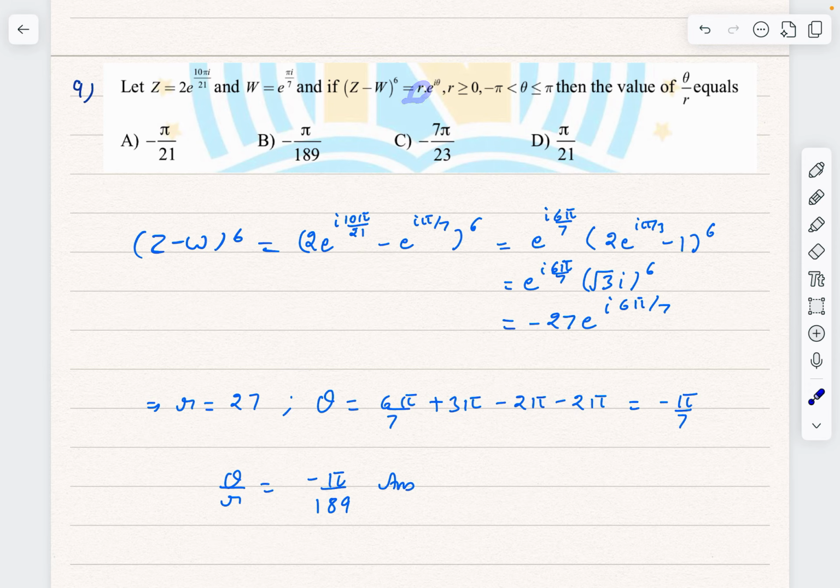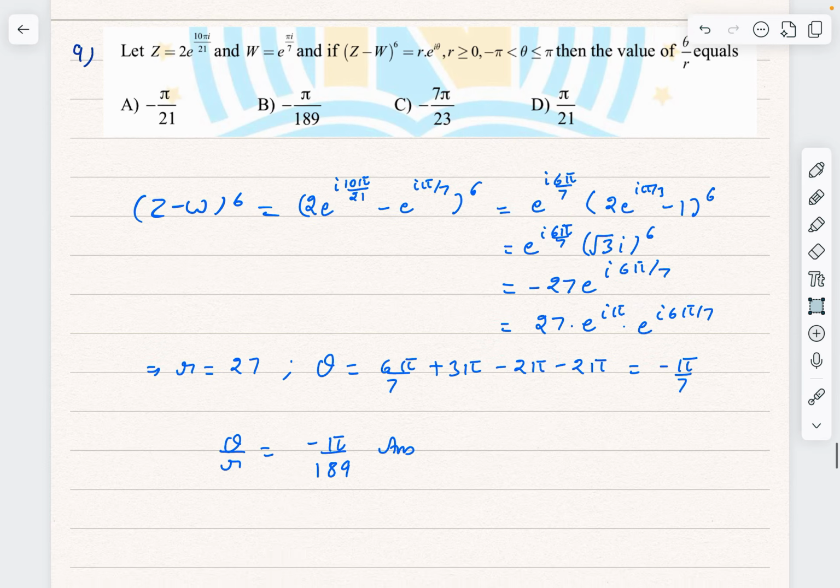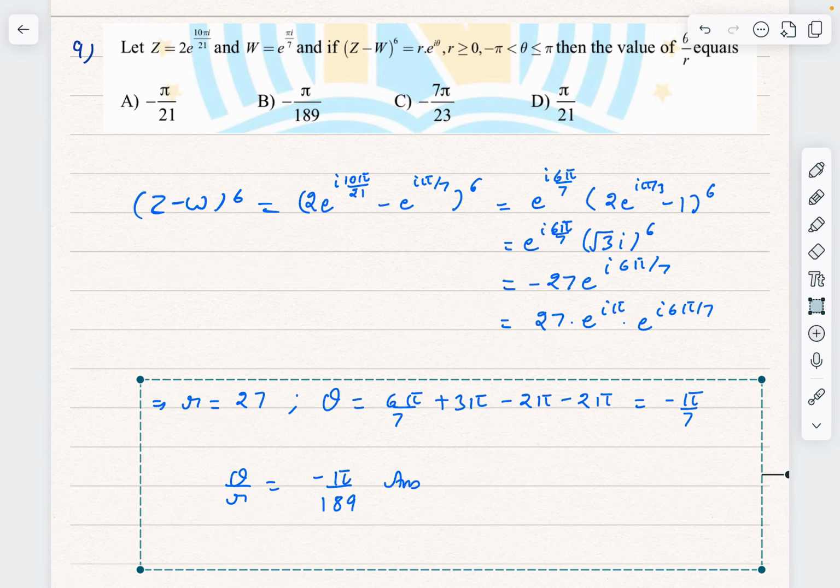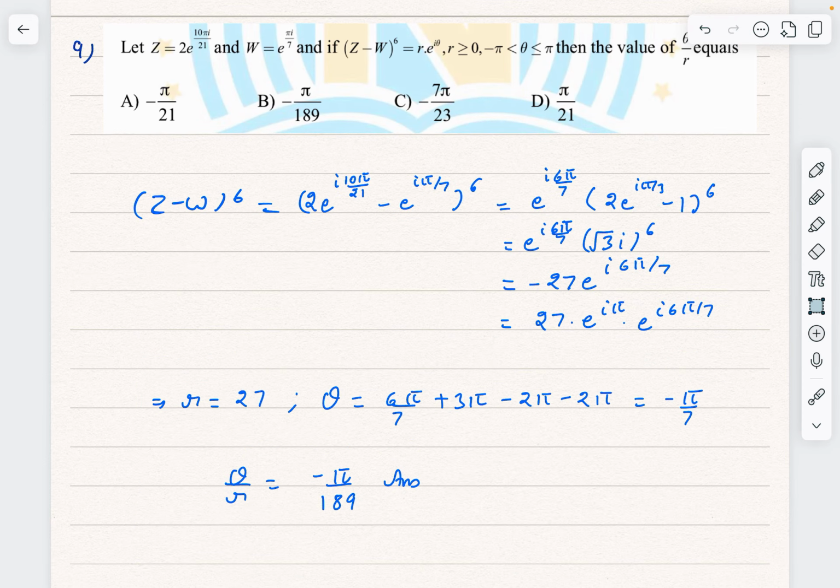You know, modulus has to be positive. So this minus 1 I can also write as e iota pi. The 27 e iota pi into e iota 6 pi by 7. So this thing will come out to be 27 e iota 13 pi by 7.